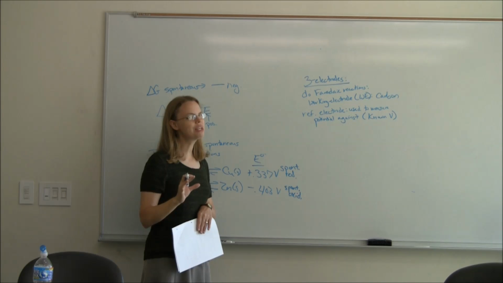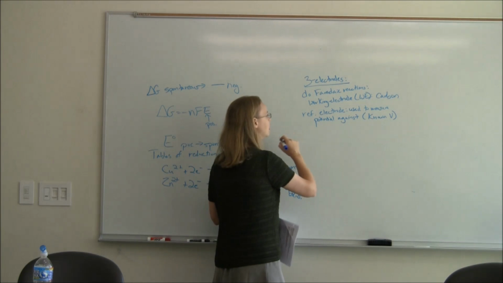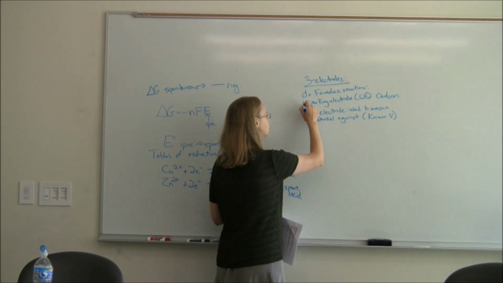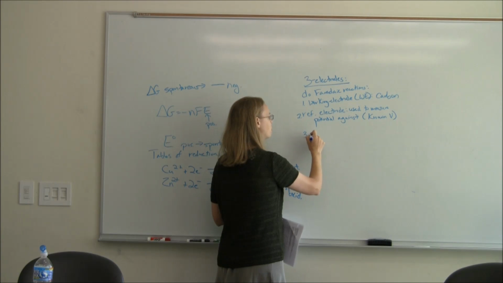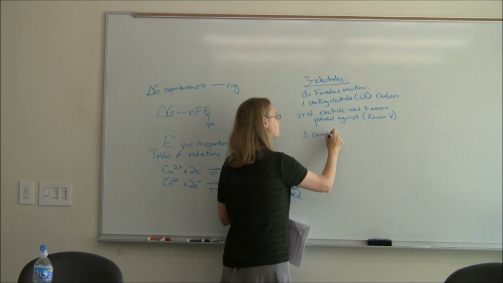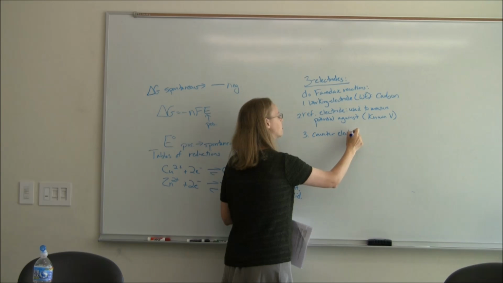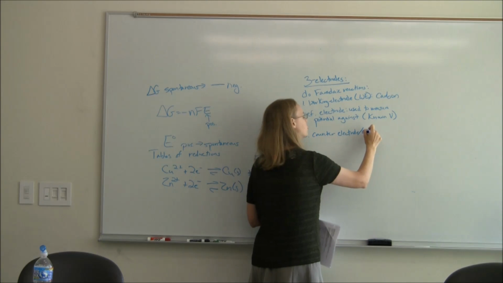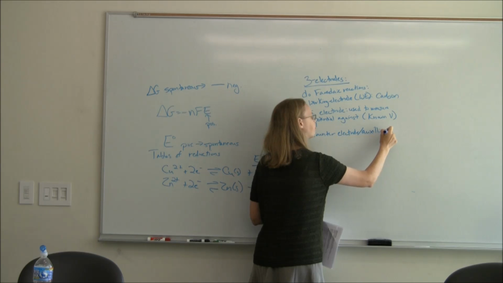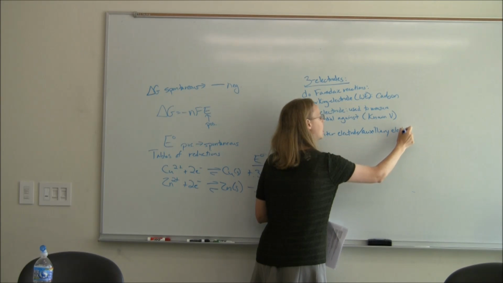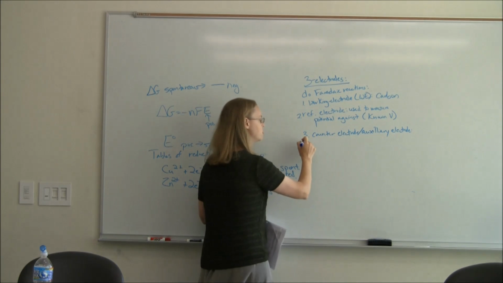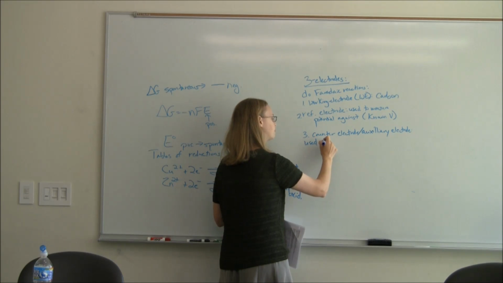Okay, so that's really all we need for electrochemistry, but it turns out that we typically have, this is electrode 1, electrode 2, a third electrode. This is called a counter electrode, or sometimes it's called an auxiliary electrode. Those are 2 names for the same thing. And this electrode is used to run current.